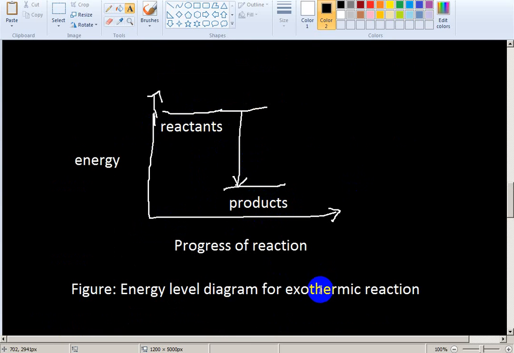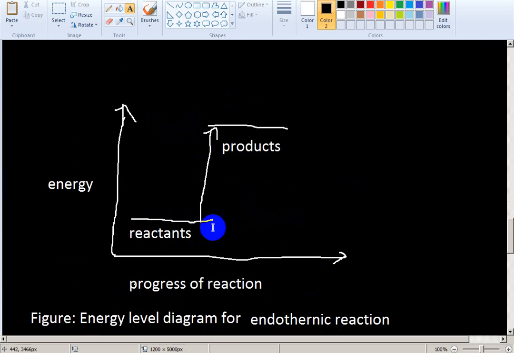For this reason, when reactants form products, excess energy is released to the surroundings. In an endothermic reaction, energy is needed to form products, because reactant energy is less, so energy is gained from the surroundings. The surroundings become cool, so the temperature goes down in the endothermic reaction.